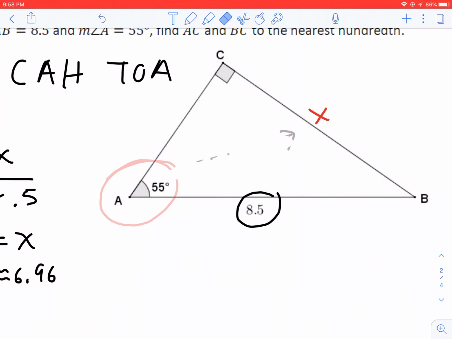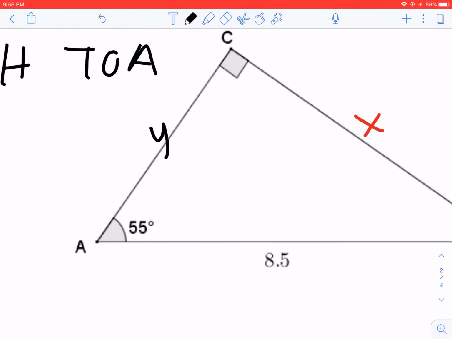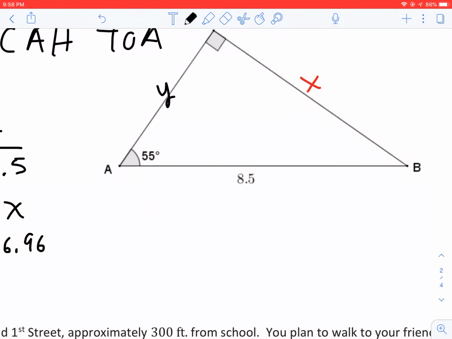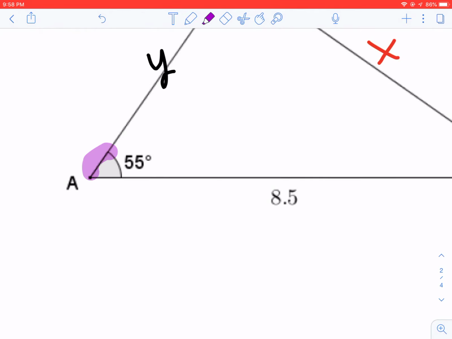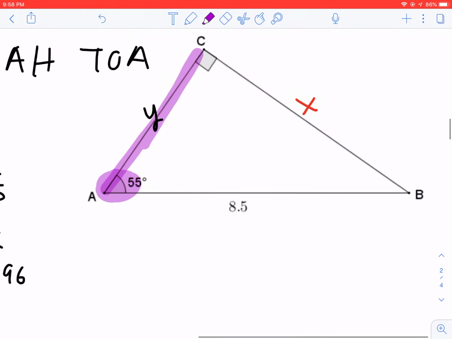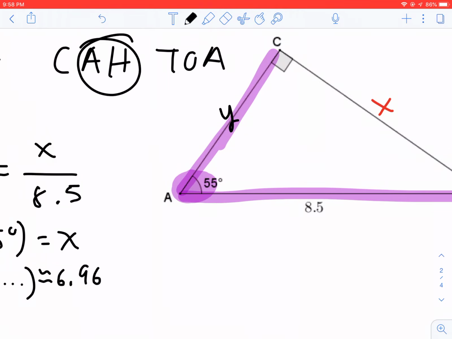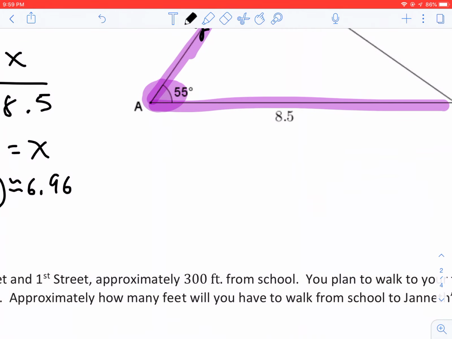And so now if you want to find the other side length, AC, let's call that y. Again, let's think about what trig function I can use. If I'm using angle A, y is the adjacent side, and 8.5 is still the hypotenuse. So I have adjacent and hypotenuse. I'm going to be using my cosine function.